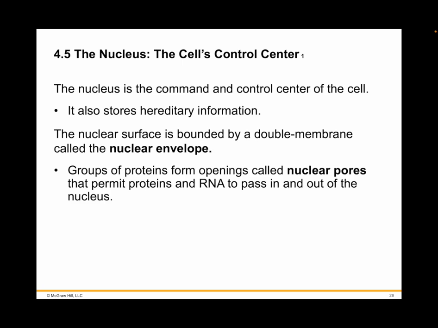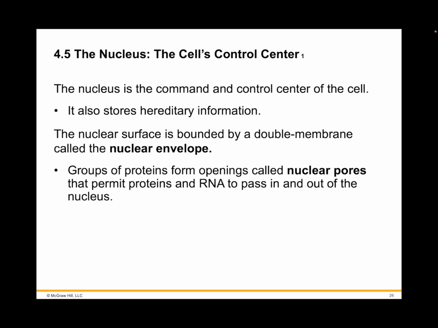Nuclear membrane. The surface of the nucleus is bounded by a special kind of membrane called the nuclear membrane. The nuclear envelope is actually two membranes, one outside the other, like a sweater or an overshirt. The nuclear envelope acts as a barrier between the nucleus and the cytoplasm, but substances need to pass through the envelope.